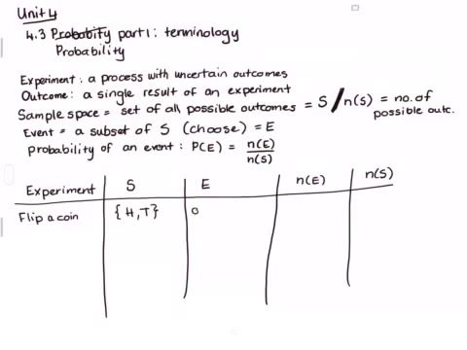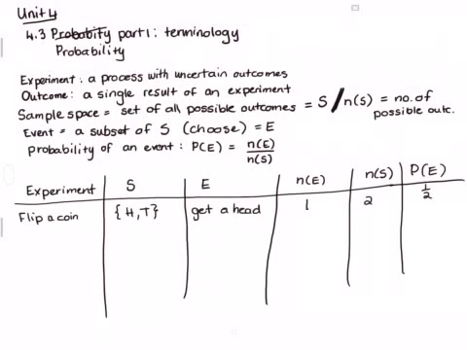Event is the one that I choose, so I'm going to choose event E to be get a head. How many of these in the sample space are heads? 1. How many elements in the sample space? 2. Let's add one more thing. Probability of event E is then 1 over 2.